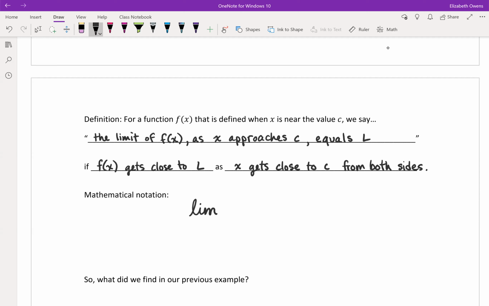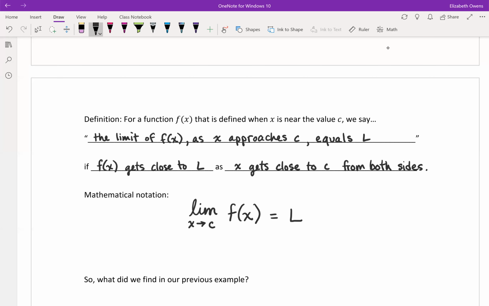Some people will write this in print, just the letters LIM. So the limit of our function f of x, and we leave a little space down here because we put x approaches c, x with the little arrow towards c, showing x going towards c. This limit equals L.